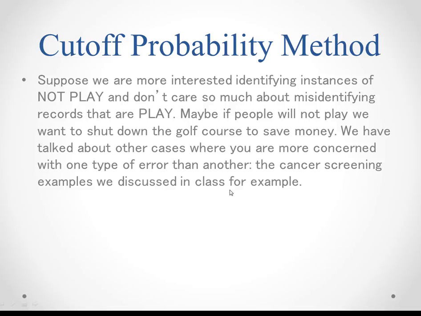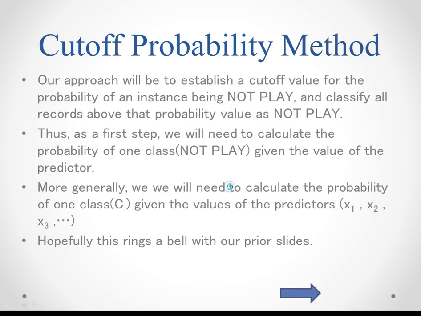I don't care so much about that because that just means I'll have to submit them to one more test, maybe some other test that may be a little bit more invasive or troublesome, but that's not so terrible versus sending somebody away, telling them they don't have cancer, and then they get very sick and have much more serious problems. Okay?